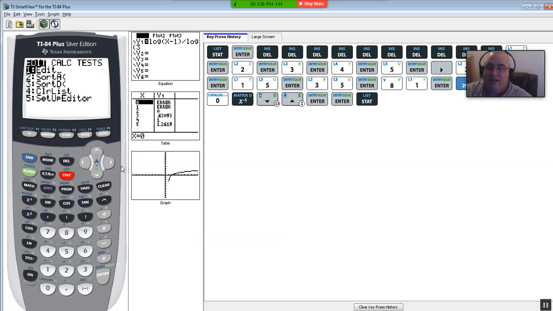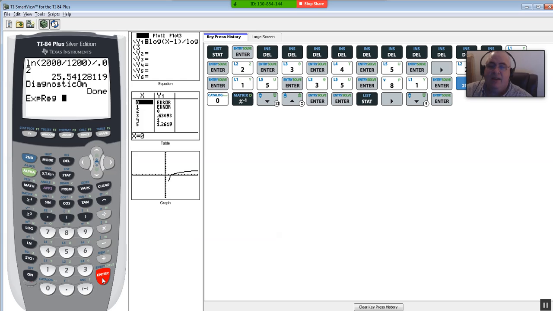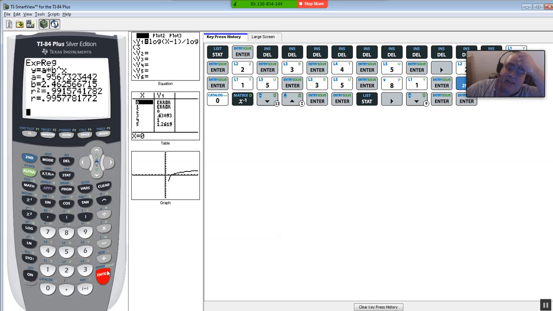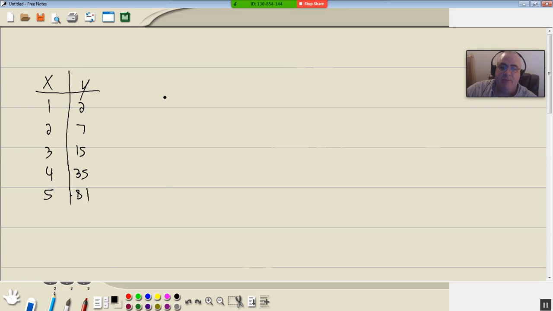Now if we do stat, choose calc, then if you down arrow, these are some different regressions we can do. Here's natural log. Here's EXP. Let me choose EXP. And then press enter. Now this says that based upon this, our model, that this is a hat, Y hat.